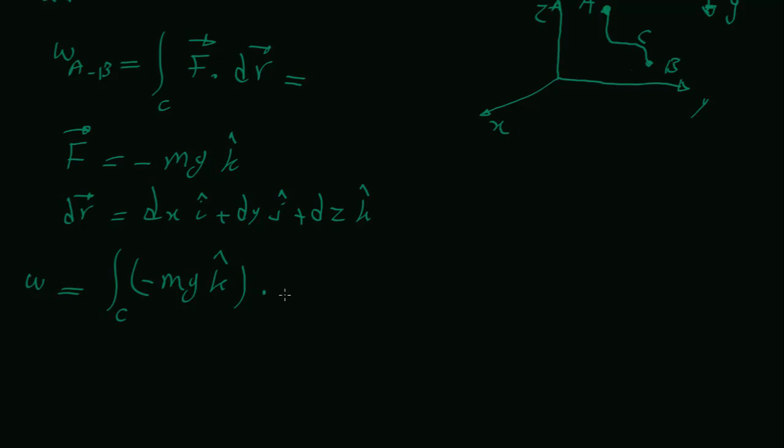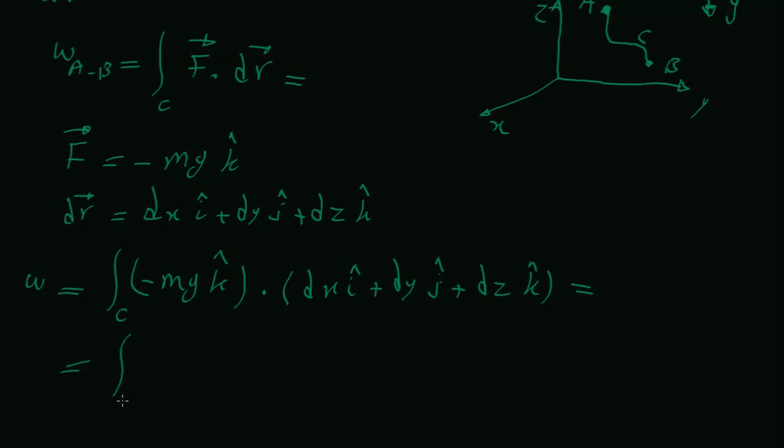And the displacement vector dr is dx in the i direction, dy in the j direction, dz in the k direction. So we multiply the i component by the i component, j component by j component, and z component by z component, and add everything together. Here the i component is 0, so 0 times dx is just 0.